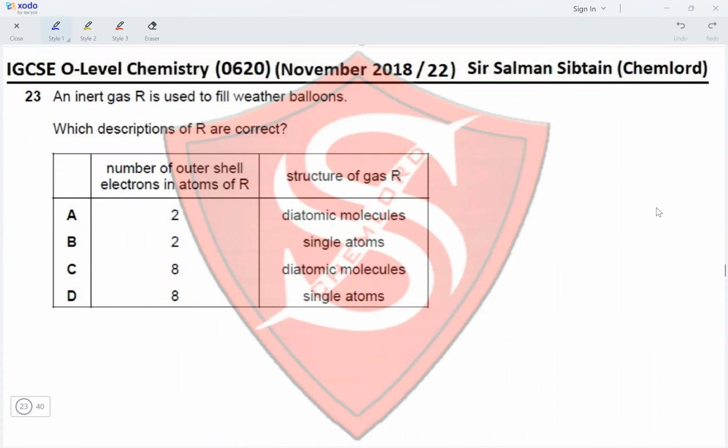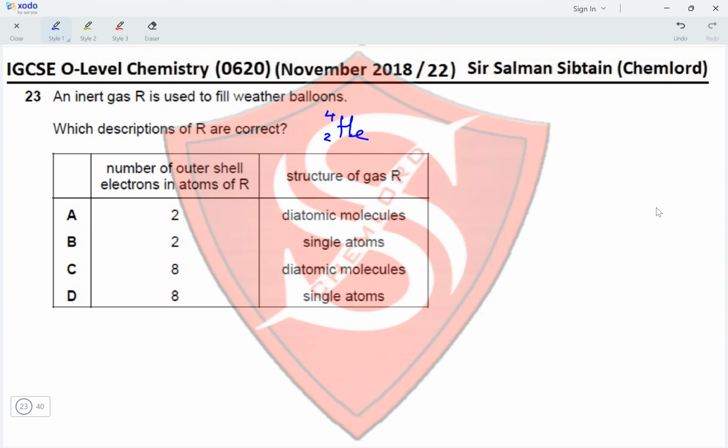Question 23. An inert gas R is used to fill weather balloons. So this inert gas is helium. Helium is used to fill weather balloons. Which description of R is correct? Number of outer shell electrons in atoms of R. Helium has two outer shell electrons because helium is in period 1.